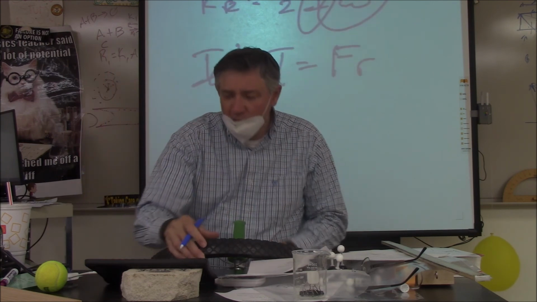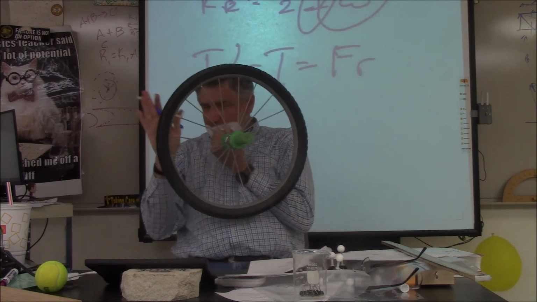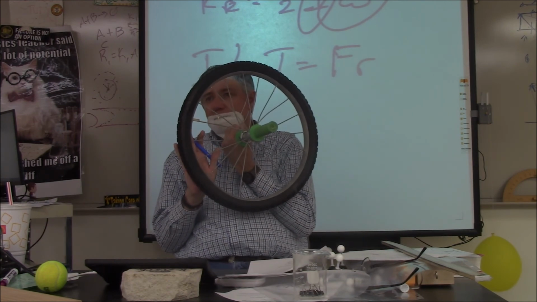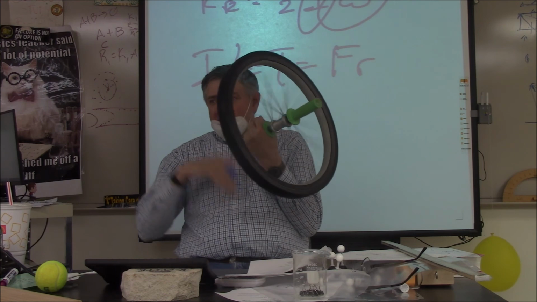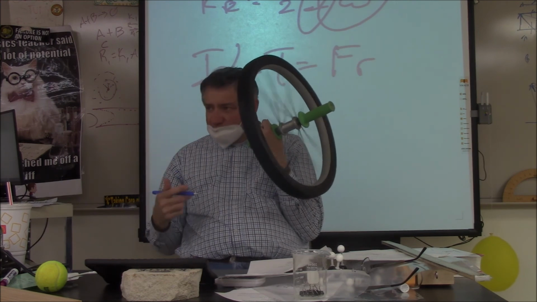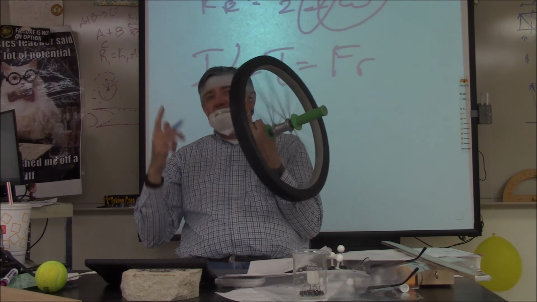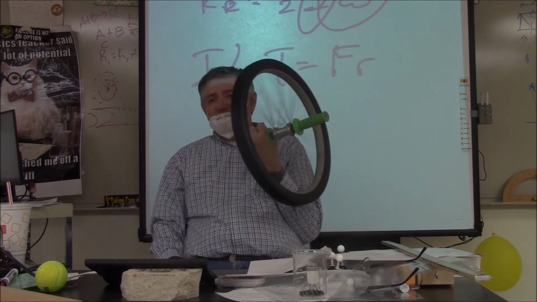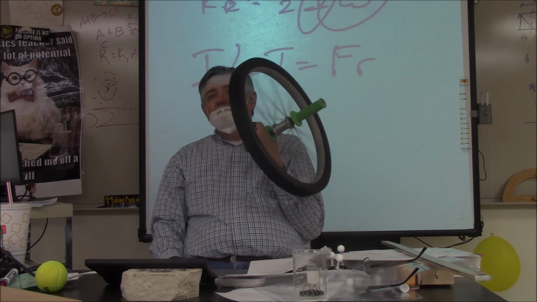Now, look at this wheel, what's my initial rotational kinetic energy? 0. Did I do work on it just then? Did I increase the rotational kinetic energy? So what do you think the relationship is between the work and the change in the rotational kinetic energy? They're the same.